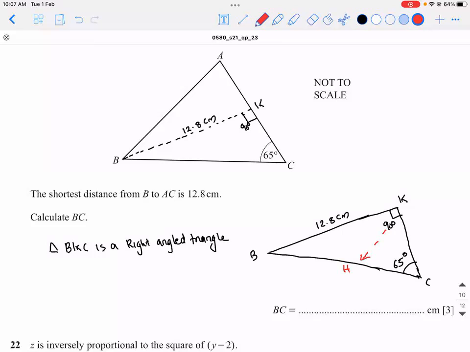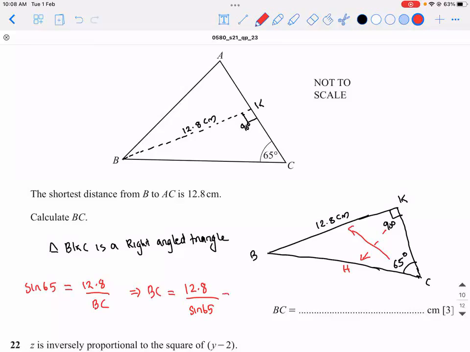So things now become easy. How? We can take sine 65, right? The opposite side of 65 degrees is 12.8. So sine 65 is 12.8 over BC. That implies BC must be equal to 12.8 divided by sine 65.